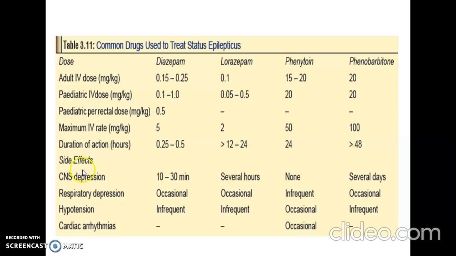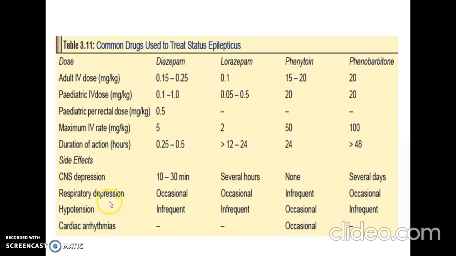Coming to side effects, CNS depression, respiratory depression, hypotension, and cardiac arrhythmias can be observed with these drugs. Diazepam can cause CNS depression in 10 to 30 minutes, lorazepam takes several hours to show the response, phenytoin has not shown such an effect, but phenobarbital may cause some CNS depression over several days.